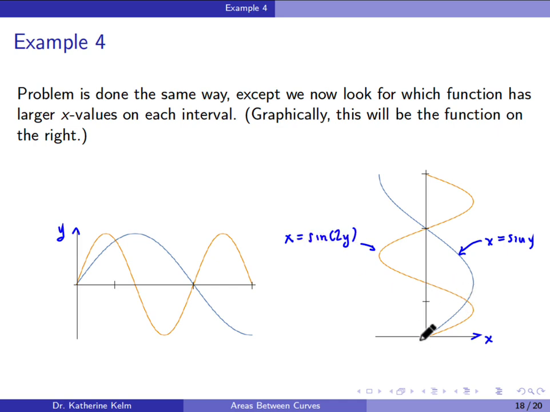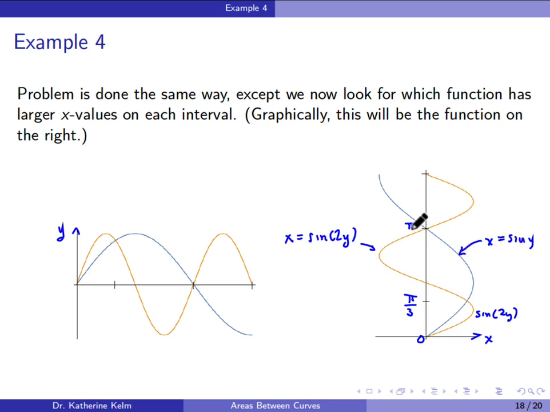So sure enough, from 0 to y equals pi over 3, we have that sine of 2y is larger than sine of y. So it has larger x values, meaning output values. Between y equals pi over 3 and y equals pi, sine of y is greater than sine of 2y.